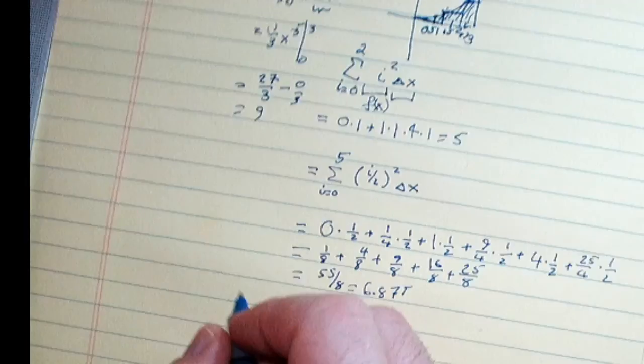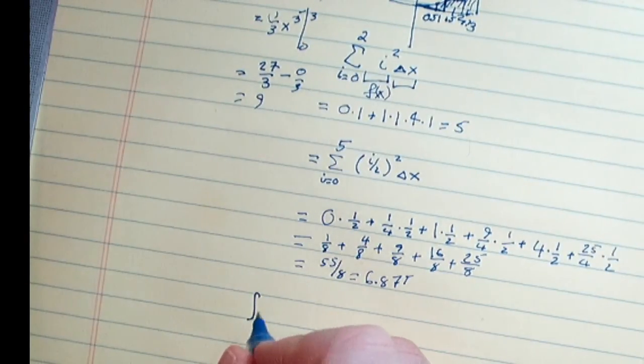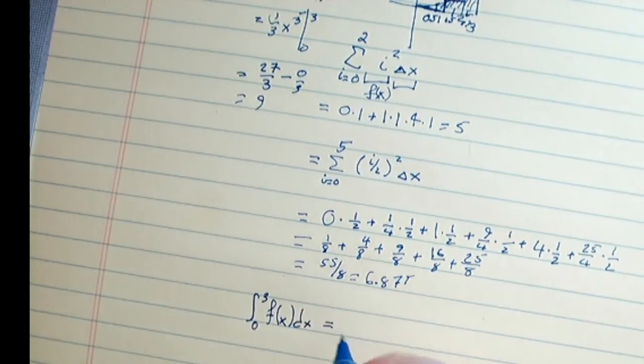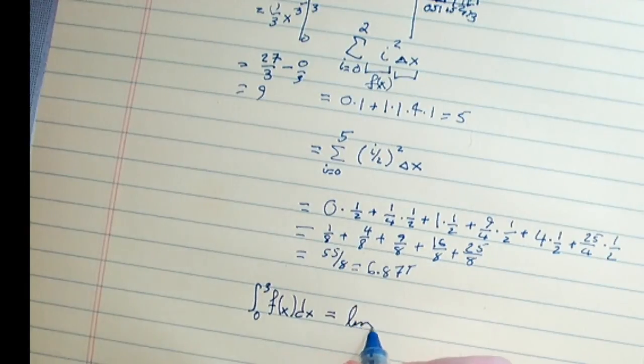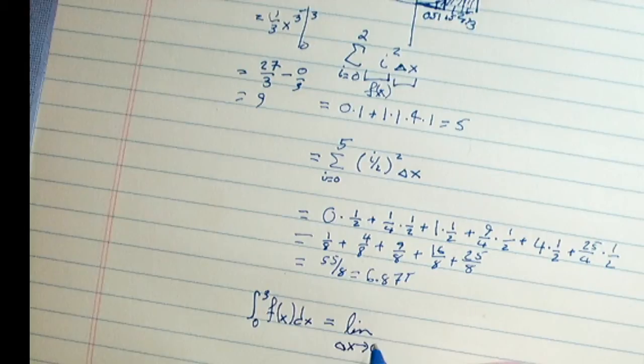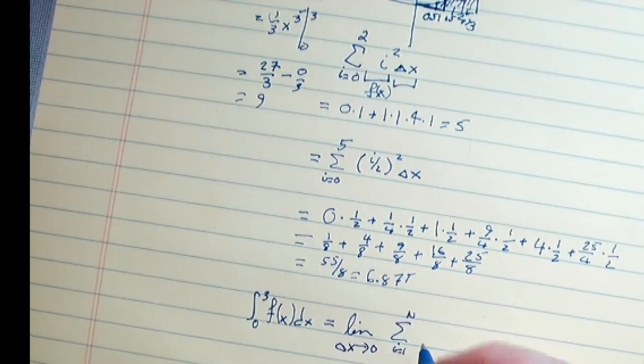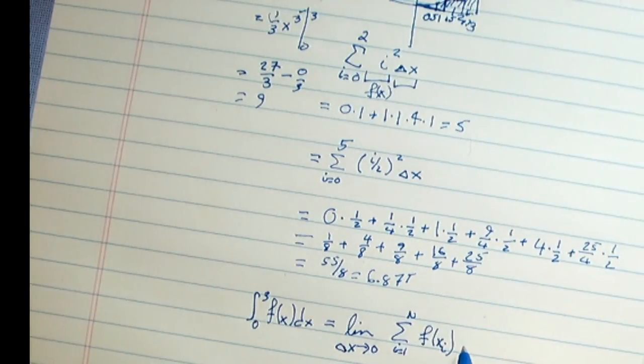So the idea of a Riemann sum is that the integral over some interval, say 0 to 3 of f of x dx, is equal to the limit as delta x goes to 0 of all possible sums, i equals 1 to some number n, however big an n you like, of f of x sub i, with x sub i some point on the interval, times delta x sub i.